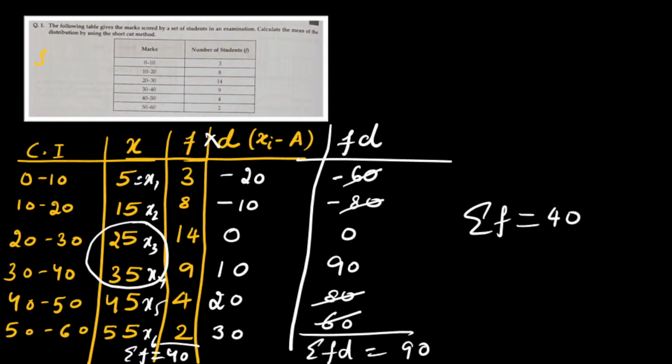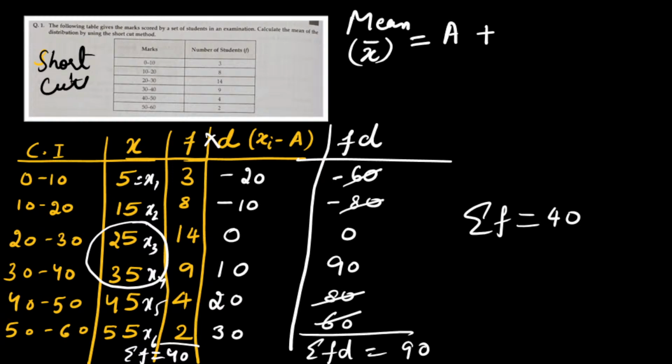Don't forget, the method which we are doing is shortcut method. Mean symbol is x bar. So x bar is equal to A, the assumed mean, plus sigma FD divided by sigma F. So this is the formula of mean by shortcut method.